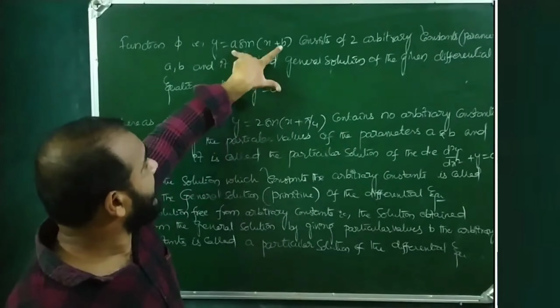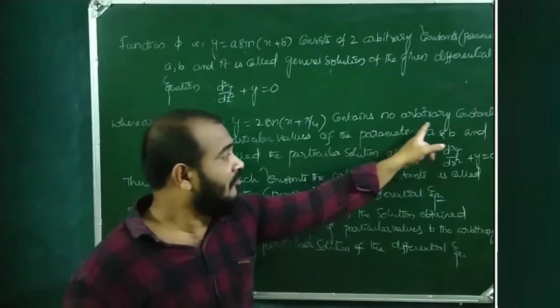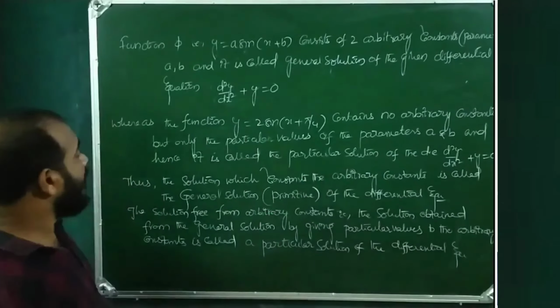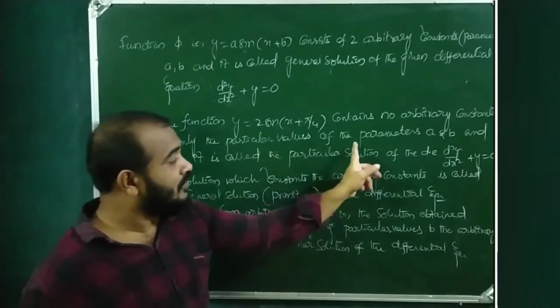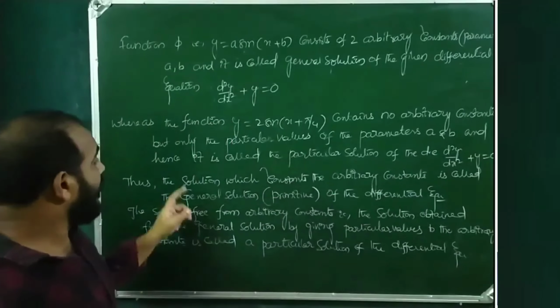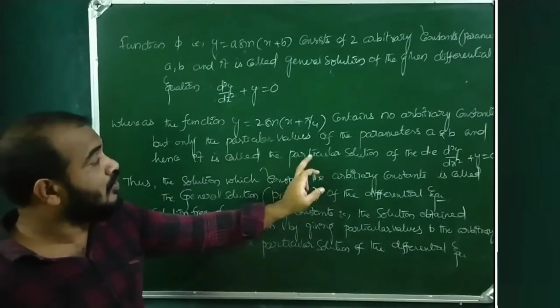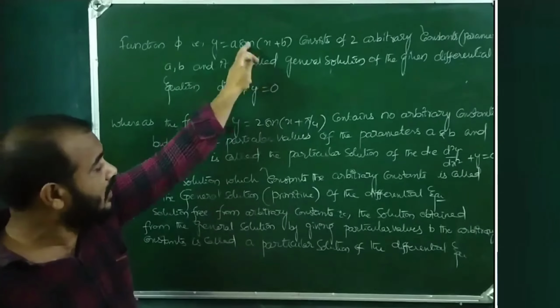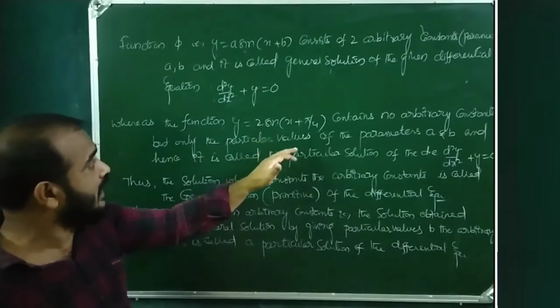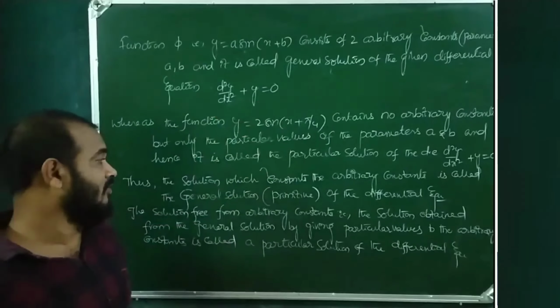Here a and b are the arbitrary constants, but here we don't have any arbitrary constants, only particular values of the parameters a and b, and hence it is called the particular solution. This is the general solution and this is the particular solution. Both satisfy the given differential equation.